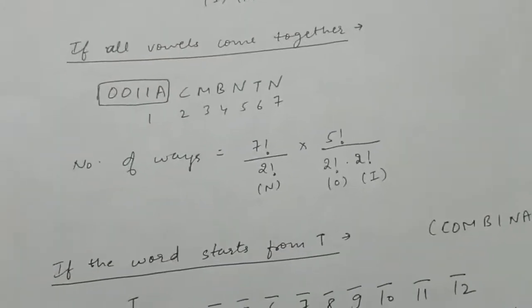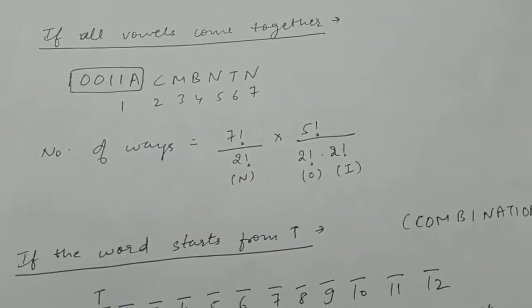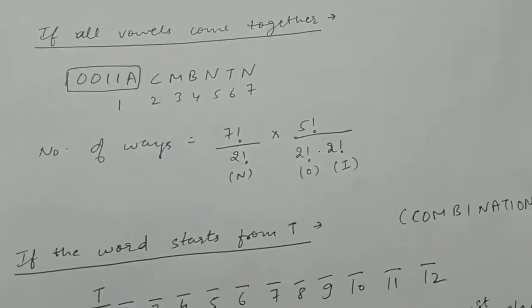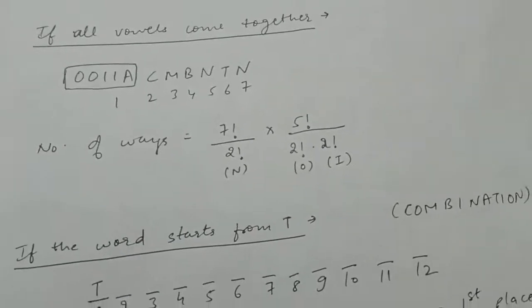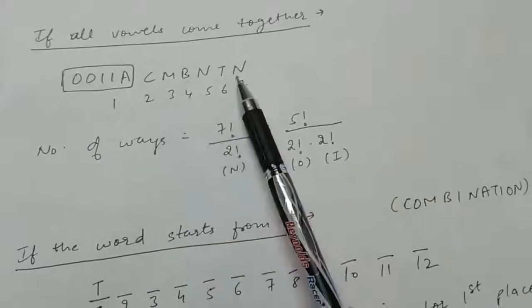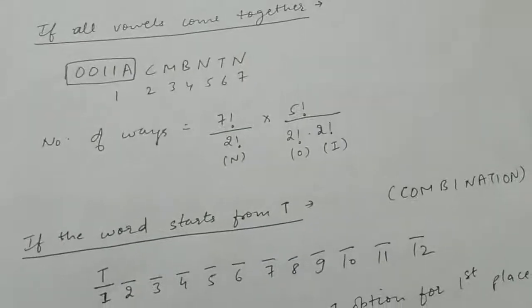Now next is if all vowels come together in the word combination. Because we want vowels to come together, treat all the vowels in the word combination as one letter, right? So treating this as one letter, and these are the rest of the letters. Now these are in total 7 letters, which can be arranged in 7 factorial upon.